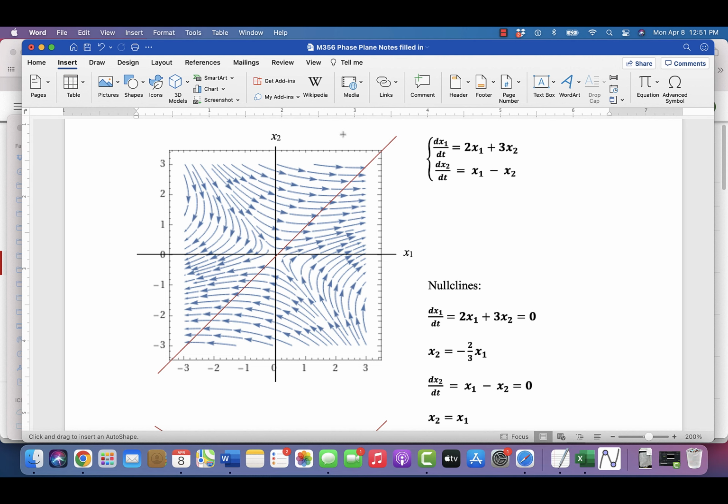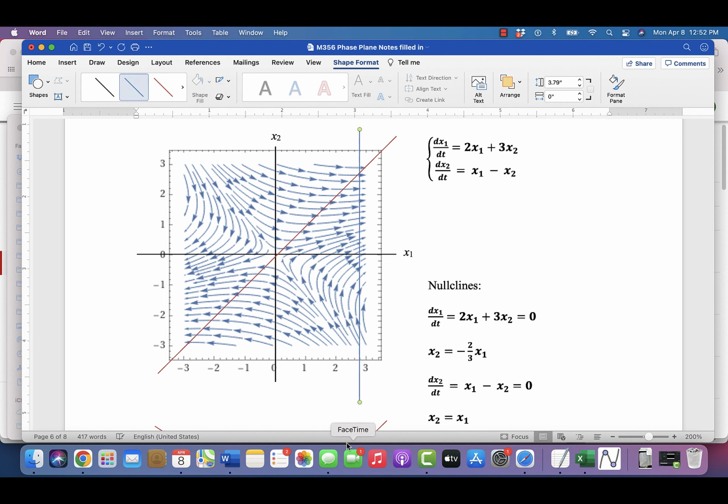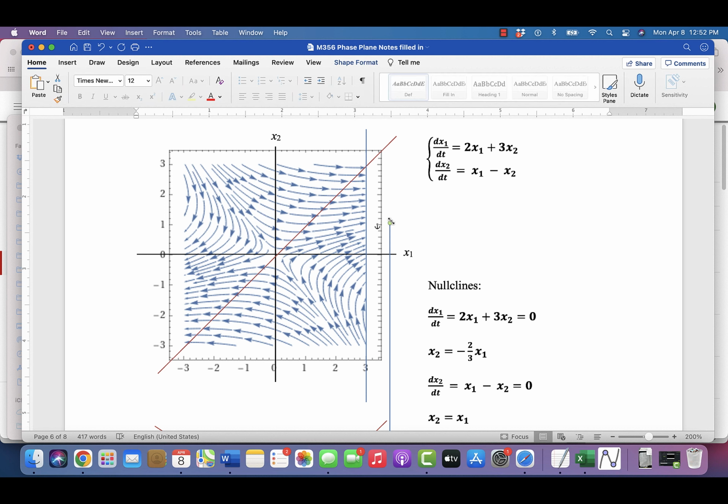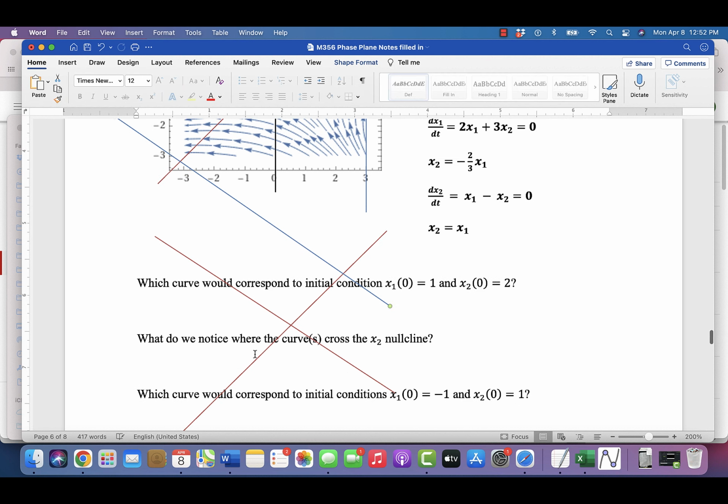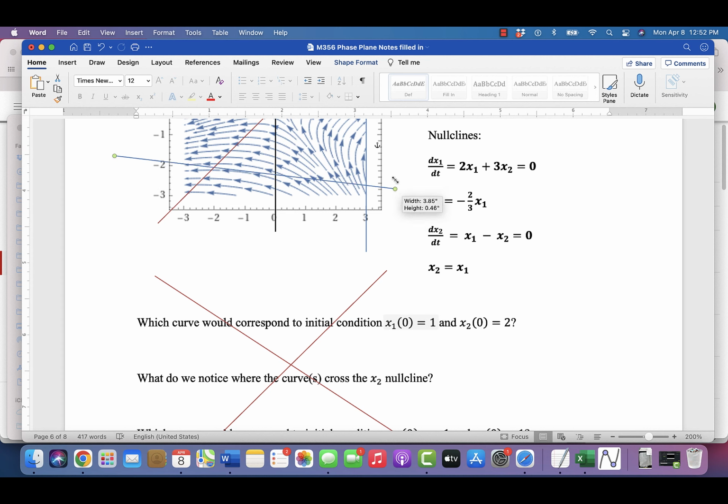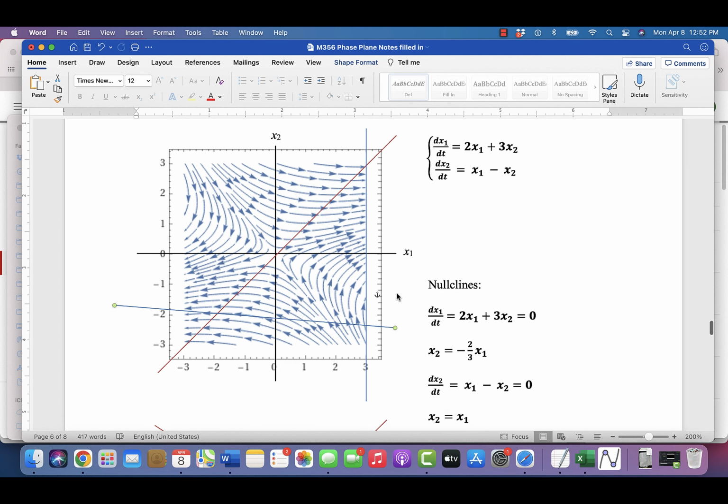So I want to locate where x coordinate 3 would be. So I'm going to make a vertical line, and I'll just use my arrow keys to put that over to the 3. And then I'm going to make a horizontal line going through negative 2 on the y-axis.